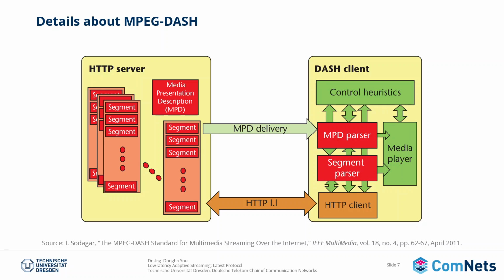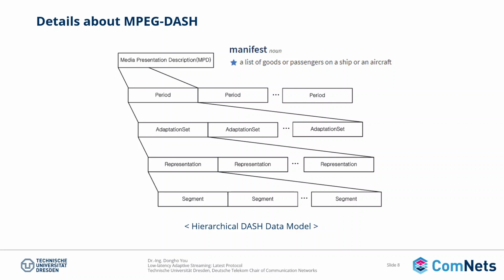Now let's dive into MPEG-DASH. As I said yesterday, the MPD is a manifest and has a hierarchical data structure. Here, manifest means a list of goods or passengers. This is from the Oxford Dictionary.